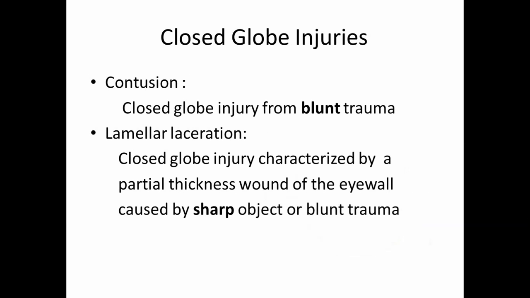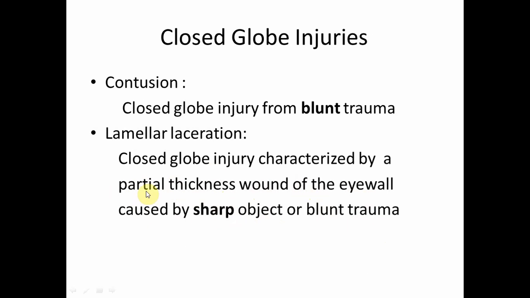Closed globe injuries are again of the following types. We have a contusion and the lamellar laceration. What exactly is contusion? Contusion is a closed globe injury which occurs from any form of blunt trauma. What is lamellar laceration? It is a closed globe injury which is characterized by a partial thickness wound of the eye wall caused by a sharp object or a blunt trauma.